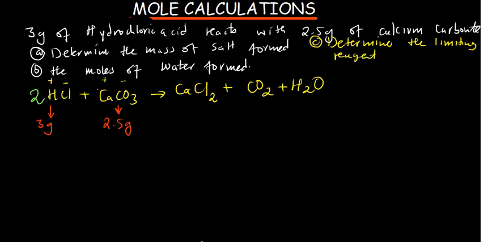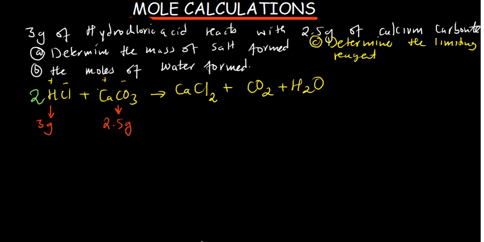A reactant that is used up first in a chemical reaction is what we call a limiting reagent. And then the other one which remained is called the excess reagent. Excess reagent is a reagent or reactant that remains after a chemical reaction is complete.